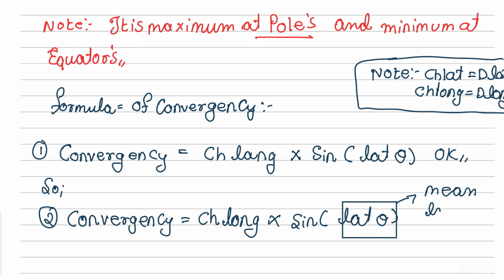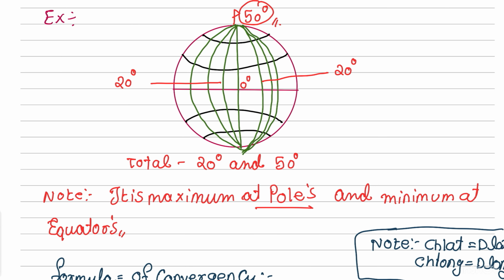Make sure you see whether it is mean or some normal latitude given to you. Now in the example, here it is a mean latitude. One mean and the other mean is on that side.